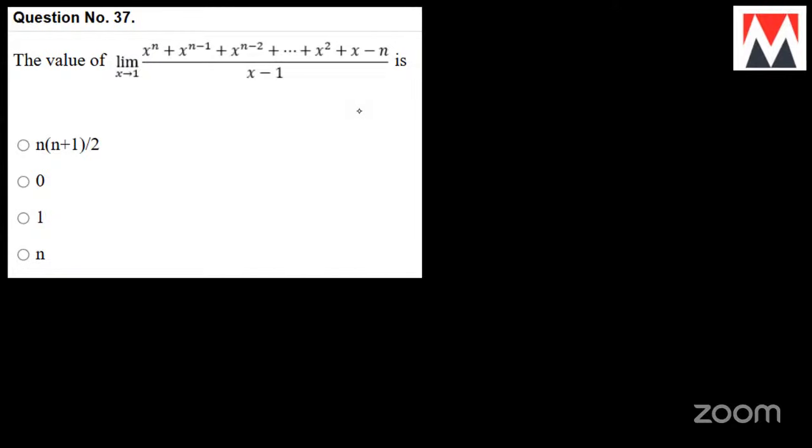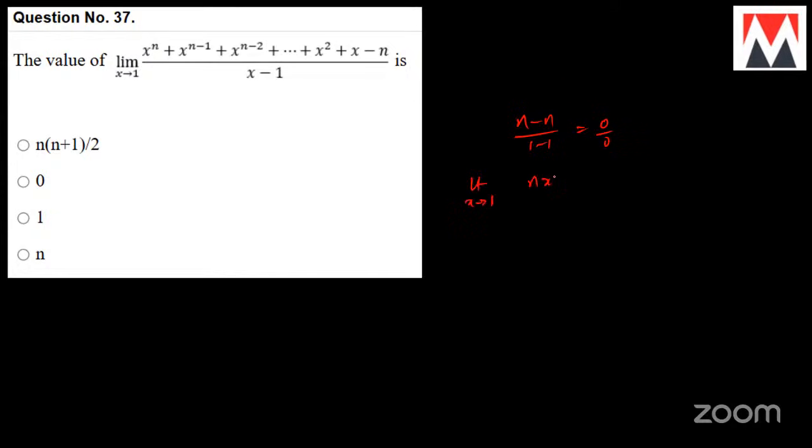Limit x tends to 1 of (x power n plus ... plus x minus n) by (x minus 1). You get 0 by 0 form, so you can apply L'Hospital rule. If you apply L'Hospital rule, you take derivatives of the numerator and the denominator.